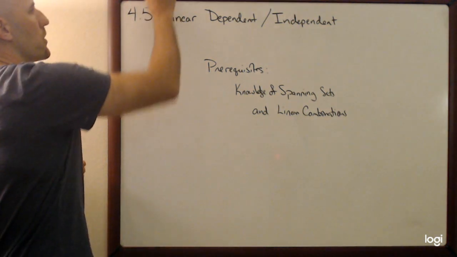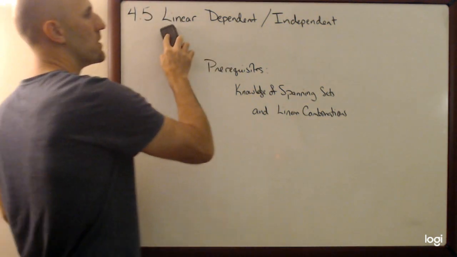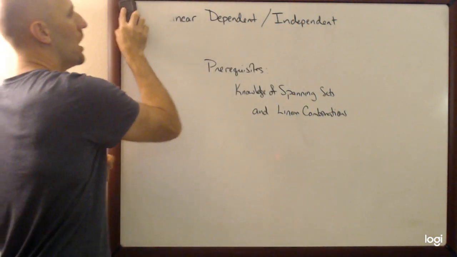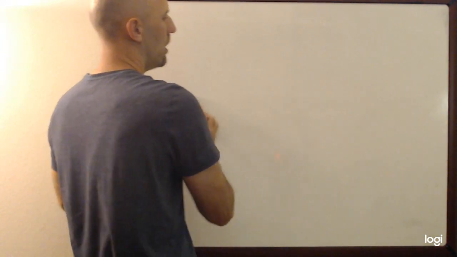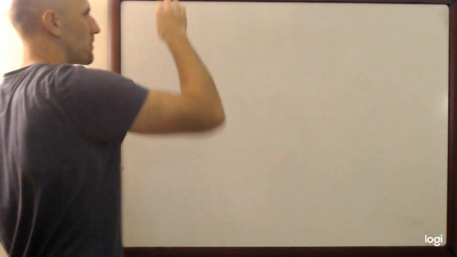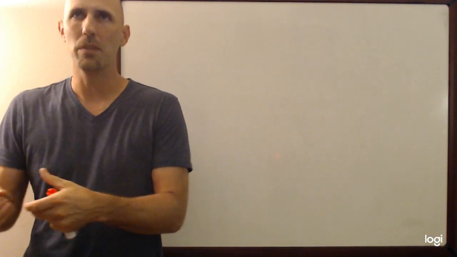So first things first. Linear dependence and linear independence are mutually exclusive. We define them in a complementary sense in that things that are not dependent are independent and things that are not independent are dependent.